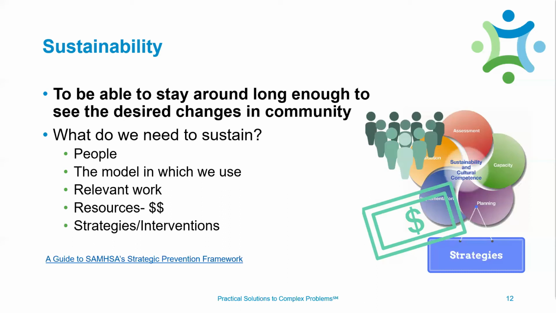The next thing we are going to need to sustain is the model we use. Sometimes people don't really tend to think of it. And this is why we push a lot of our clients to focus heavily on their logic model and their action plans and things like that, because it's really important to make those basically what you live, breathe, die by. Your mission statement and things like that can come into play here too.